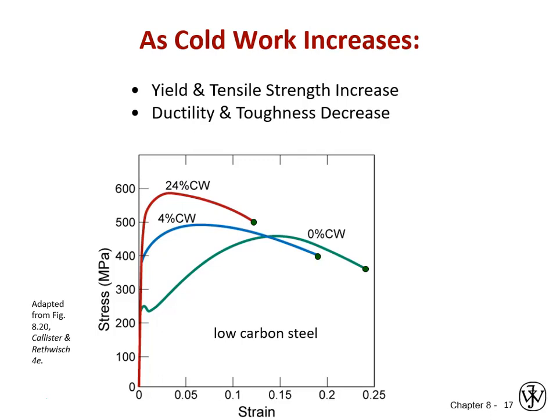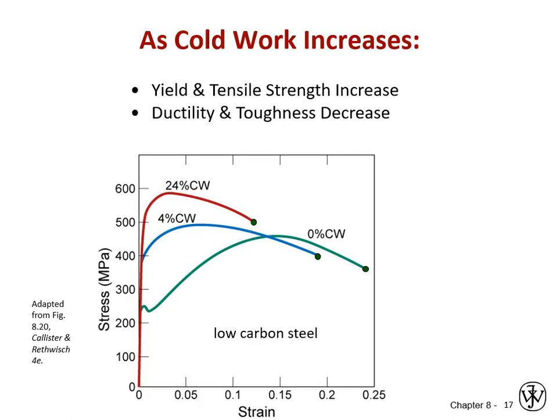And then we had another that we really deformed. We rolled it or we extruded it, probably rolled it or drew it as a wire to a 24% cold work on this diagram. That's a percent reduction in area or a percent increase in length. You can see the difference, and then if we cut a tensile sample out of that, so we got 3 tensile samples, one with 0% cold work, one with 4%, and one with 24%.